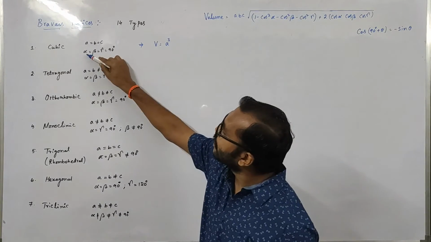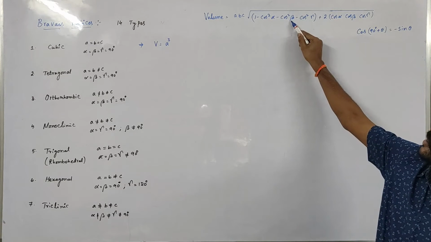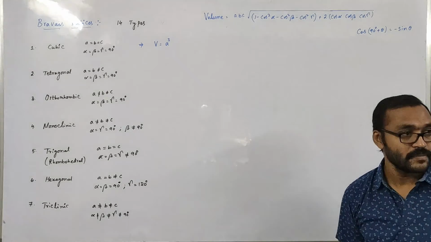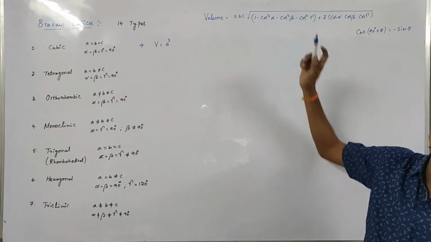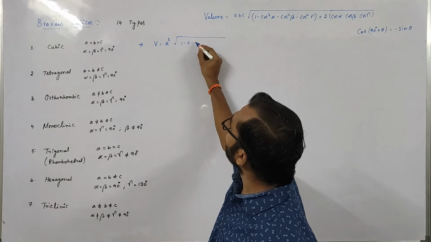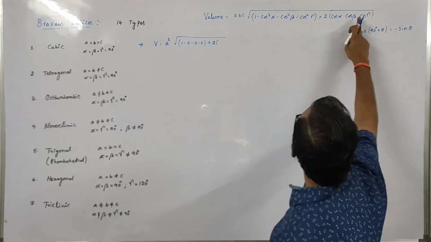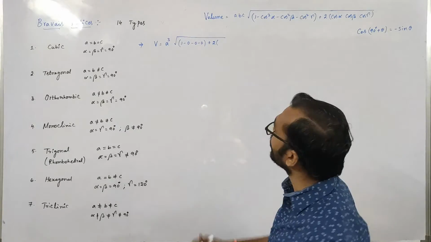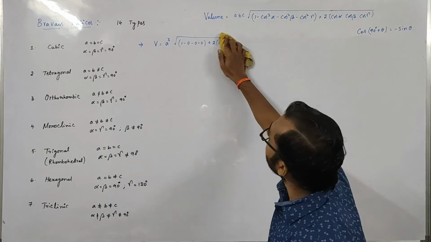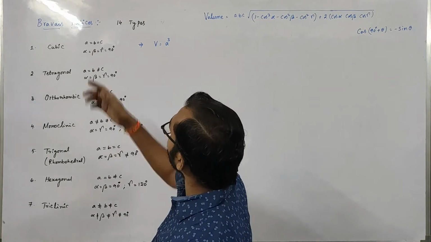What is alpha? 90. Cos 90 is 0, so cos square 90 is 0. Alpha, beta, gamma are all 90. So under root 1 minus 0 minus 0 minus 0 plus 2 into 0 into 0 into 0 gives only 1. Simply A cube. So the volume of a cubic crystal is A cube.